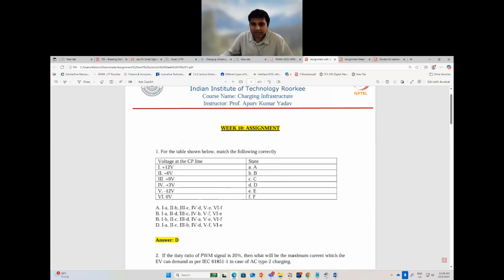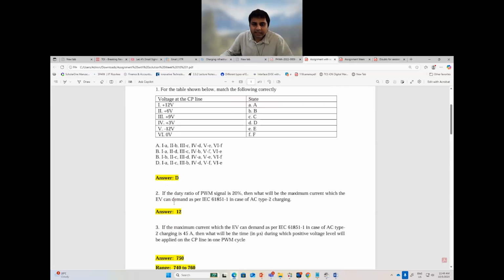Then in the second question, given that the duty ratio of the PWM cycle is 20%. This is for AC type 2 charging, and when AC type 2 charging is happening, it's the EVSE which tells the EV what is the maximum current which it can demand at that particular moment of time.